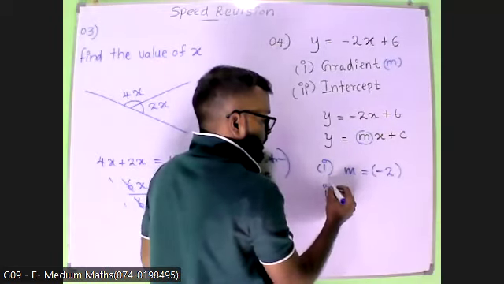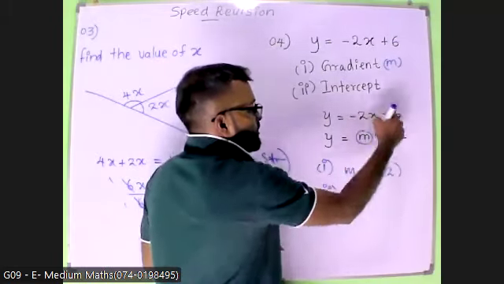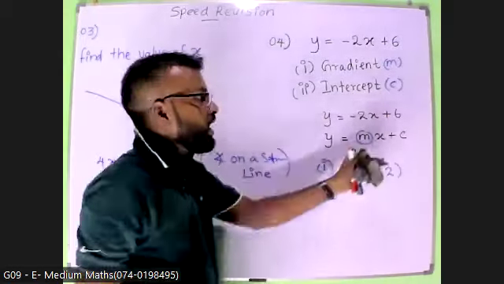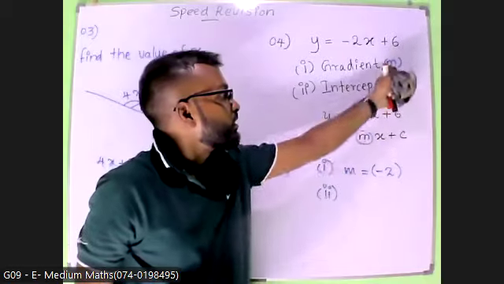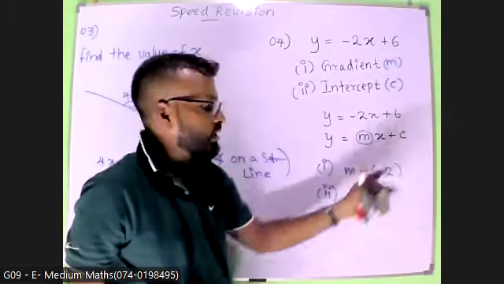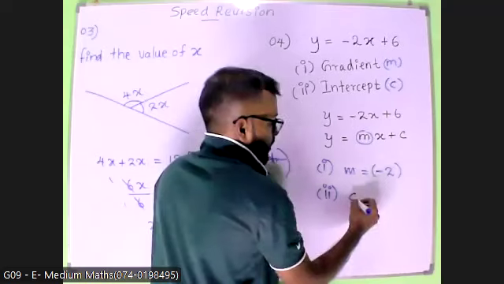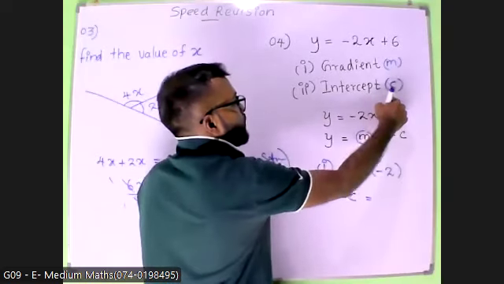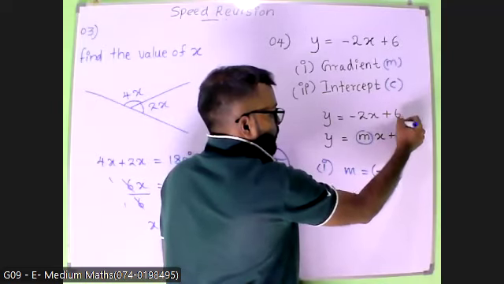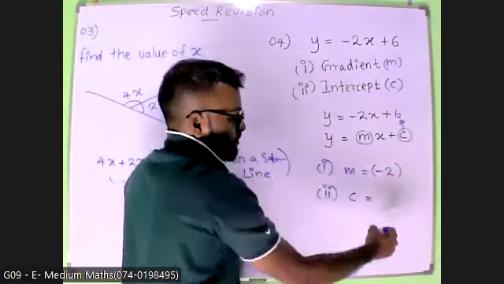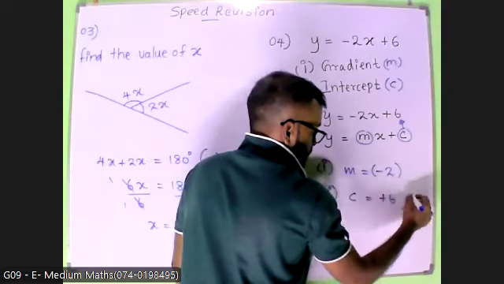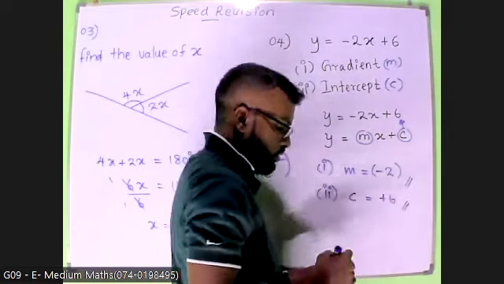By looking at the c, intercept is c. So these are important things. M is gradient, intercept is c. C equals intercept. By looking at this, our c is positive 6. That is how we are going to do it.